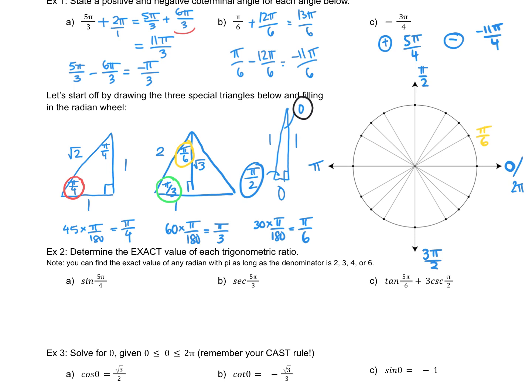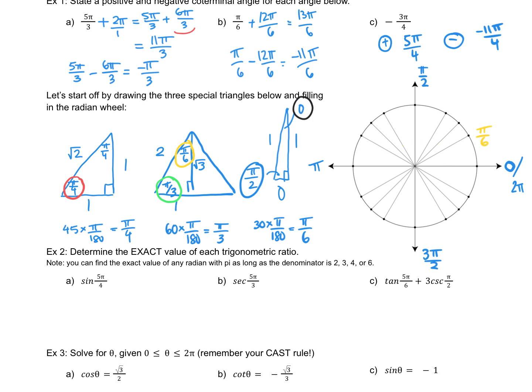So if I wanted this angle here, and I know this little portion is pi over 6, last year we would have done 180 subtract that alpha, that related acute angle. But this year we're dealing with radians, so pi minus pi over 6.